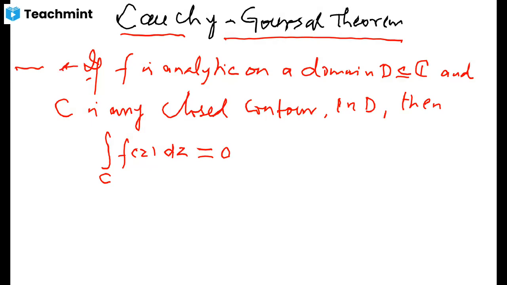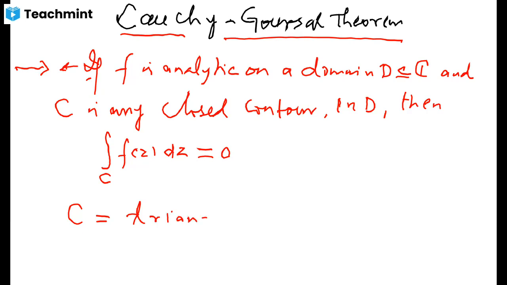But to reach this milestone, we have to go stepwise. First, we will prove a theorem that I just stated, the Cauchy-Goursat theorem for triangles. That means first I will take C to be a triangle.